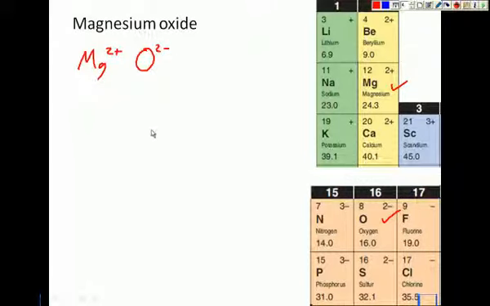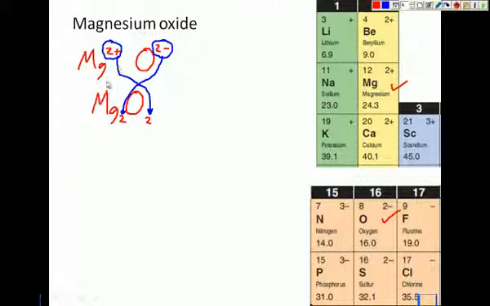Now last time what we learned is that you can simply go MgO, and if you cross it, you'll get the right answer, making Mg2O2.